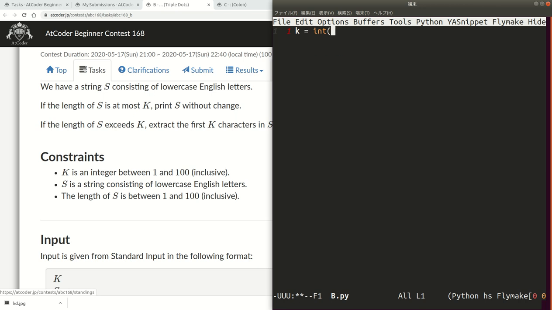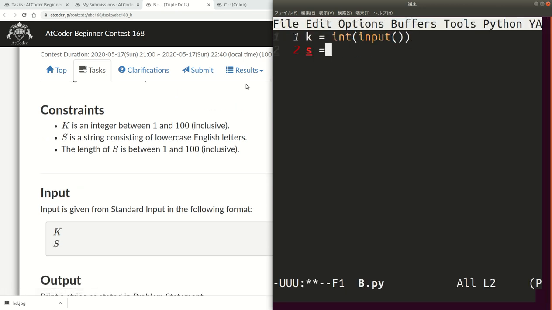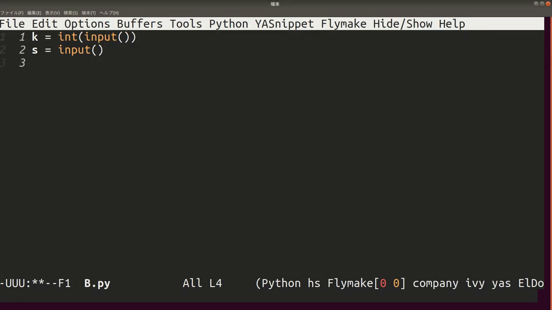Get K and get S. That's all. And if the length of S is no more than K, just print S, and otherwise print the first K letters of S and add triple dots.